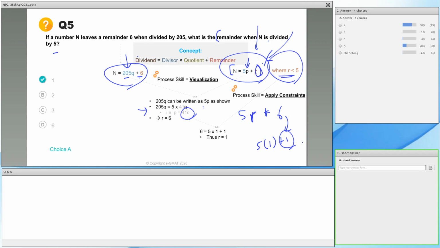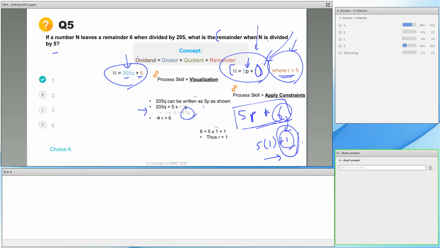All of you who chose option D, you got it till here, but then you didn't notice that there is this constraint. If you're dividing something by 5, 6 cannot be a remainder, because 6 again can be divided by 5. When you divide 6 by 5, you would get a final remainder of 1, and this would be the final answer, which is actually less than 5.